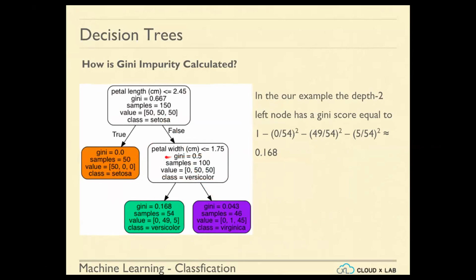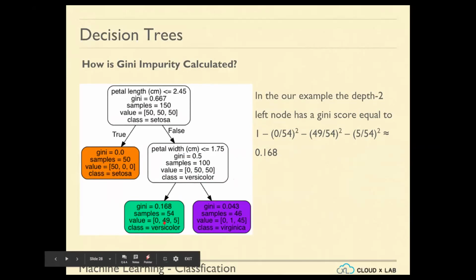Say for example here it's basically 0. Let's try to compute for depth 2, the left node, this one. It is 1 minus, right? How many total instances? 5 plus 49 plus 0, which is 54. So 0 by 54, 49 by 54, and 5 by 54.